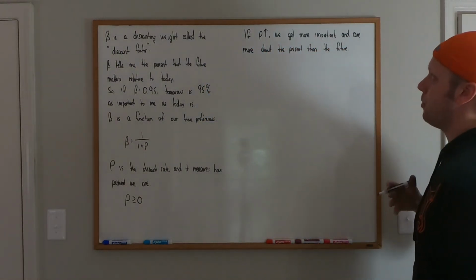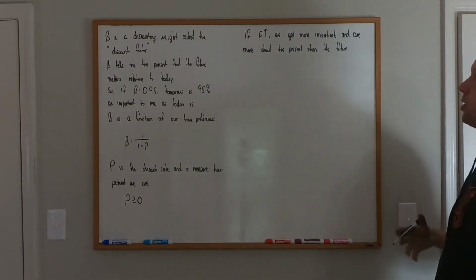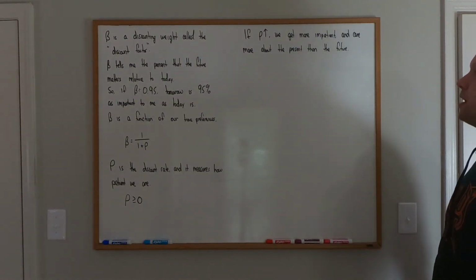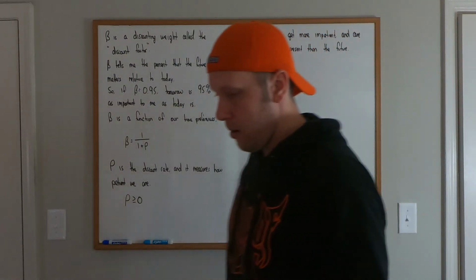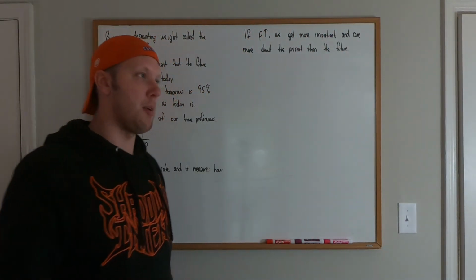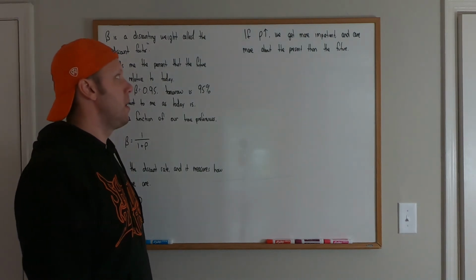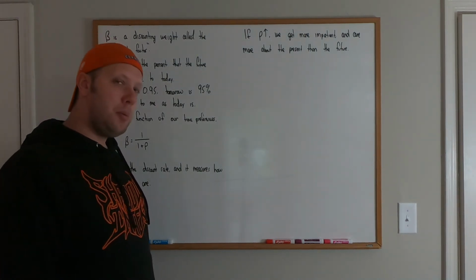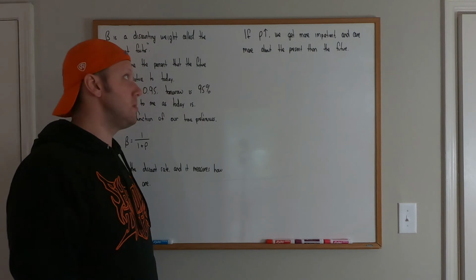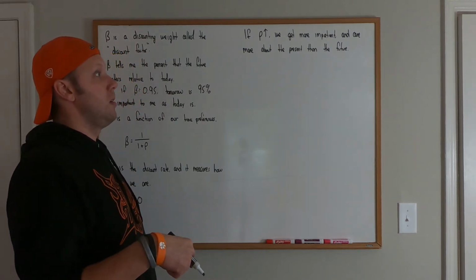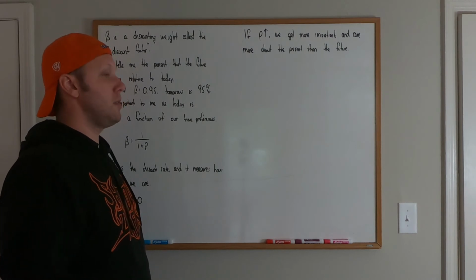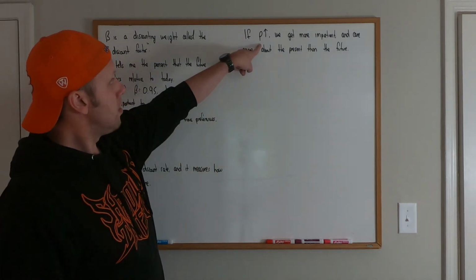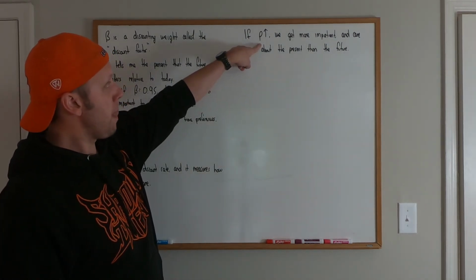We care more about what happens today than we do tomorrow, the next day, next month, next year, etc. So if you want to go out and just get absolutely hammered, just totally trashed, well, you probably care a little bit more about right now than what happens tomorrow when you wake up with a miserable hangover. So if you go out and get trashed, rho is probably pretty high.